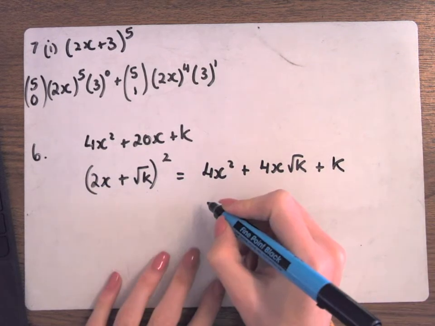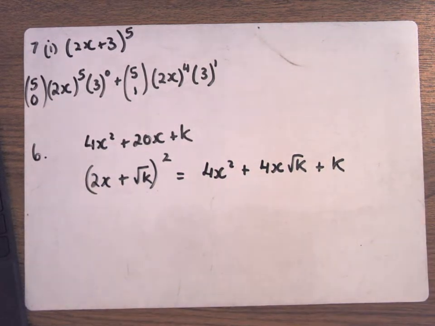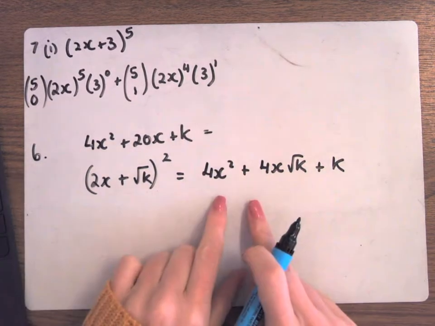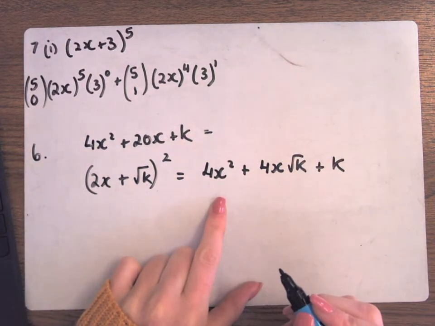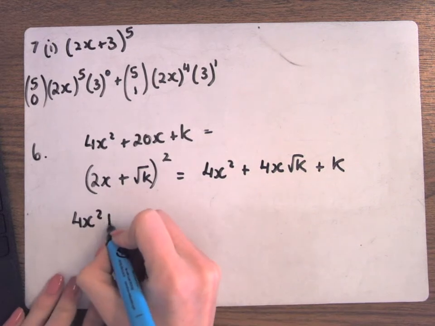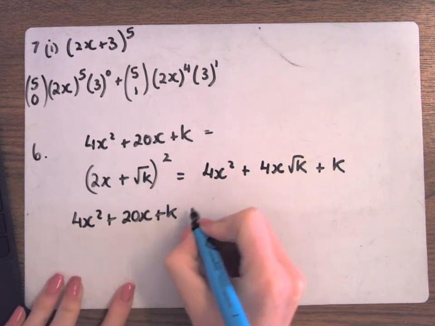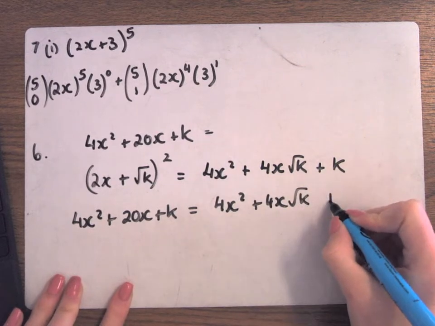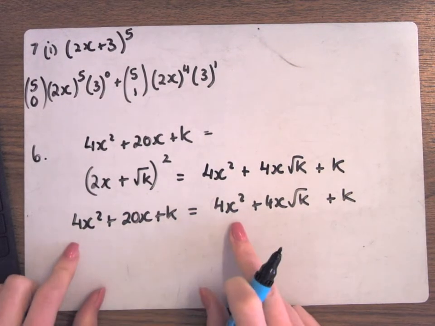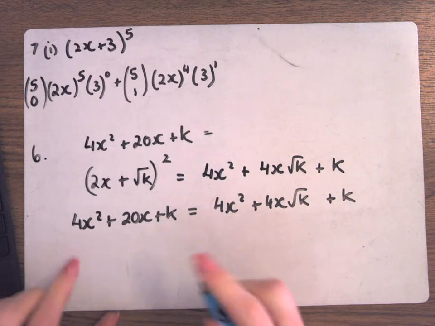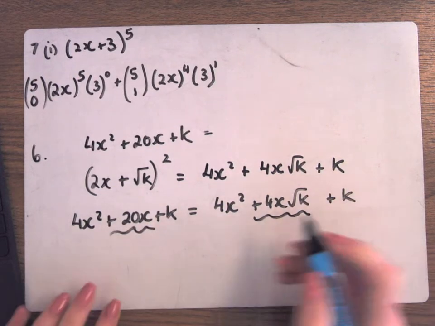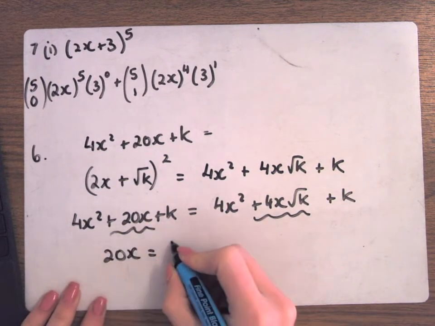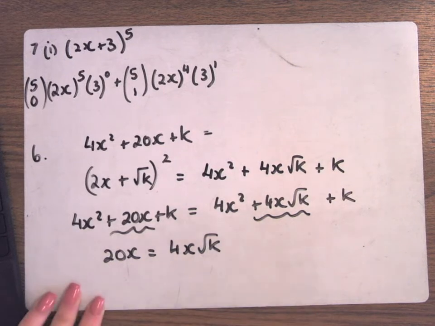And this is where our algebraic identities can come into it as well. That is equal to this. 4x squared plus 20x plus k. So when I explained this to you, I didn't really do it like algebraic identities, but now it might make sense to you. So 4x squared equals the 4x squared, not going to help us. 20x equals this thing. 20x equals 4x root k. What happens with your x's?